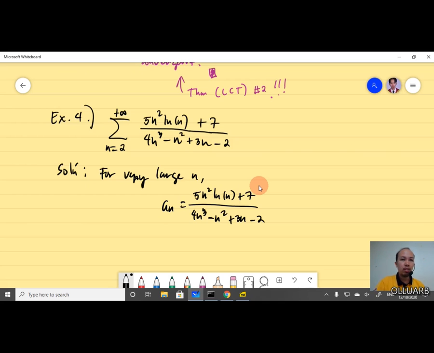So this example is just like example number 1 and number 2.